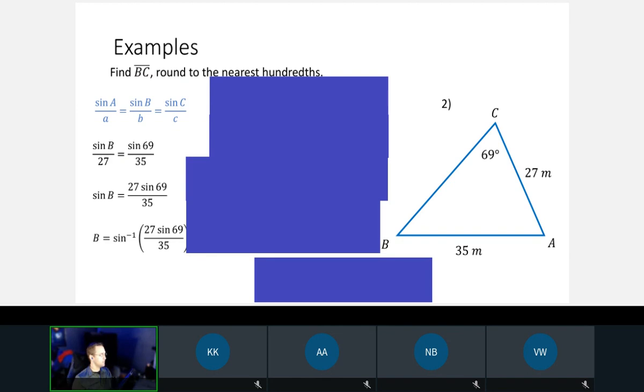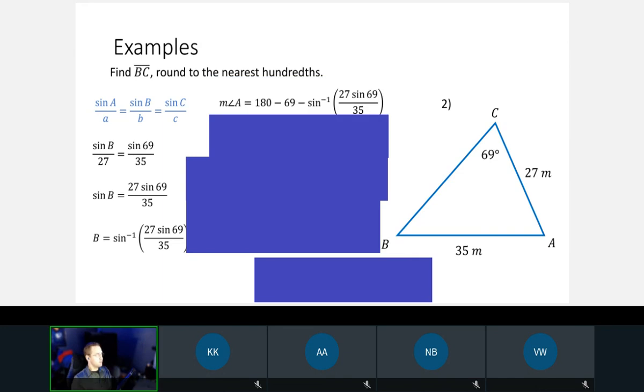So yeah, we do the same thing. We find angle B first, but rather than type that in to find the actual value of it, we are just going to use that. So then angle A is going to be 180 minus 69 minus angle B, which we're going to show in exact form.